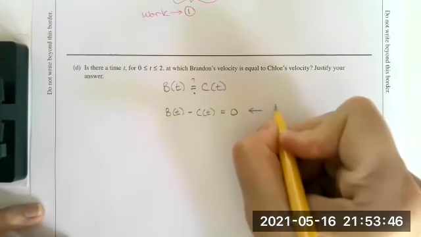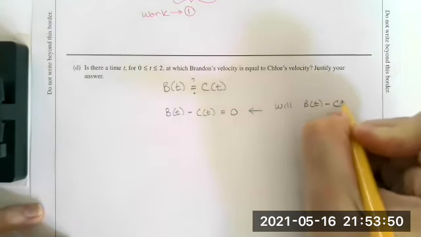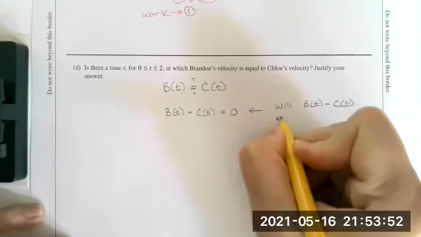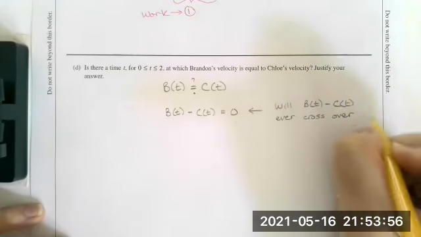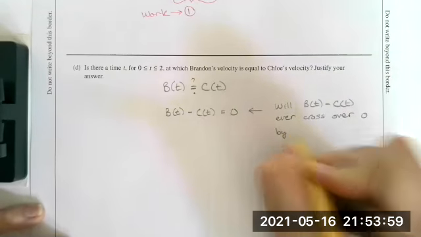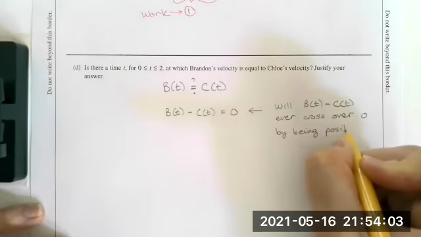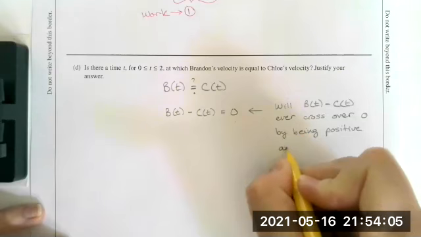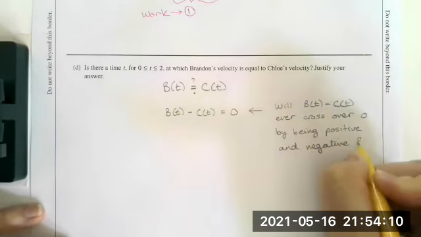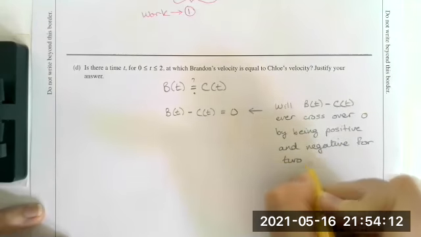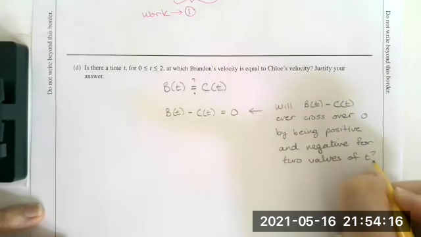We just need to know, will B of t minus C of t ever cross over 0 by being positive and negative for 2 values of t.